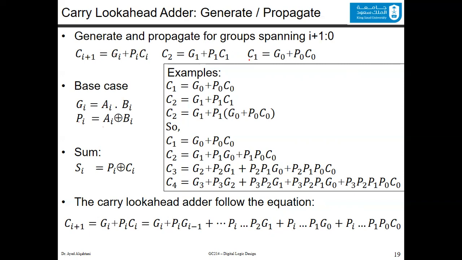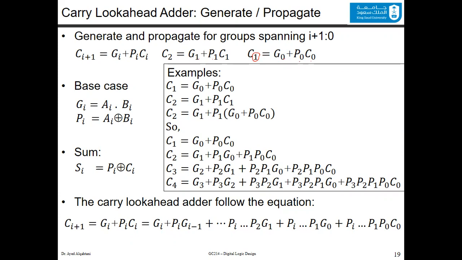Similarly, for C1, either it's generated in the same stage or propagated from a previous stage. Now, you can see the indexes here. By looking at the indexes, you can see all the indexes here are the same, while they generate the carry of the next position. So if you want carry 2, then everything here is 1. Similarly here, if you want the carry of 1, everything here is 0.